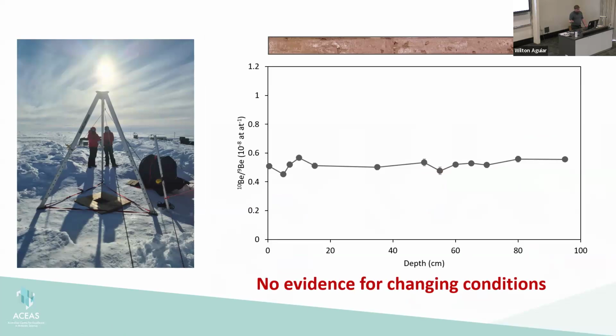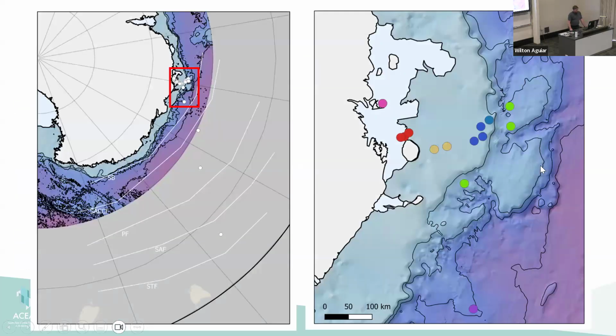That could mean that these modern circumpolar deep water conditions have stayed relatively static throughout the course of the deposition of this core, or it could mean something else. But having just one core also lacks a little bit of context. So a lot of you would have seen this bit of data before from me. So I want to show you a little bit of the new data that I have.